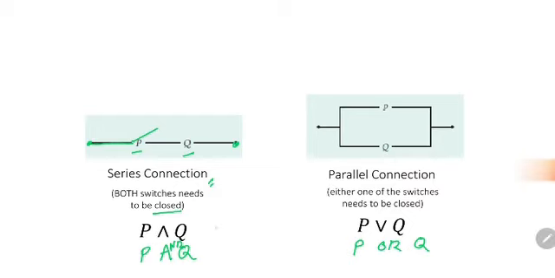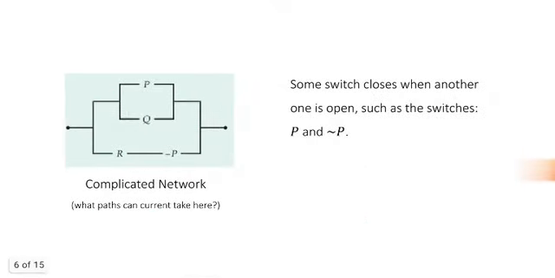Remember in our last lesson, for the whole statement to be true, both of these should be true if you have a conjunction. But if you have a disjunction, even if only one of them is true, the whole statement is true. You're seeing the connection, I hope. Series and parallel connections can be combined to form a more complicated network. So right now, you have multiple ways to get from terminal A to B. Just to demonstrate, you can take this path.